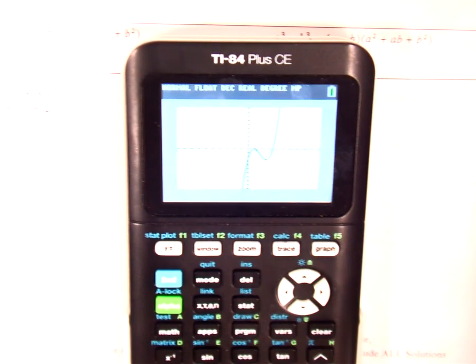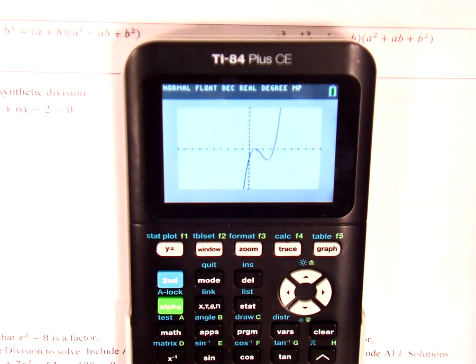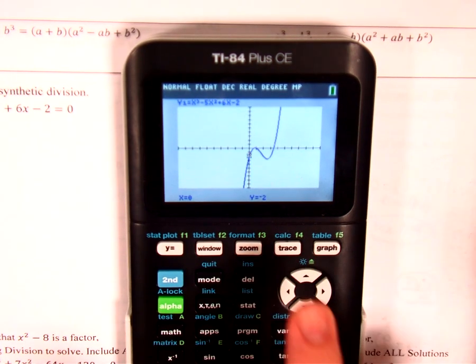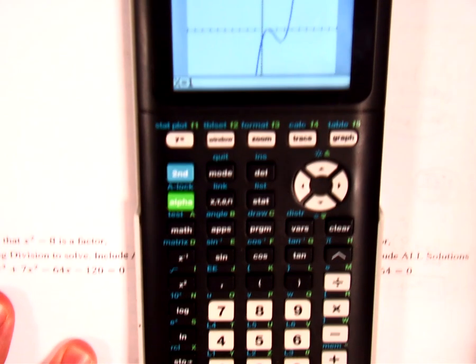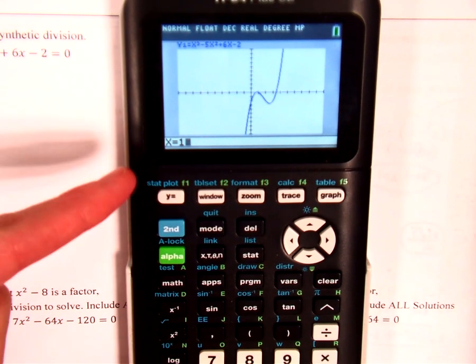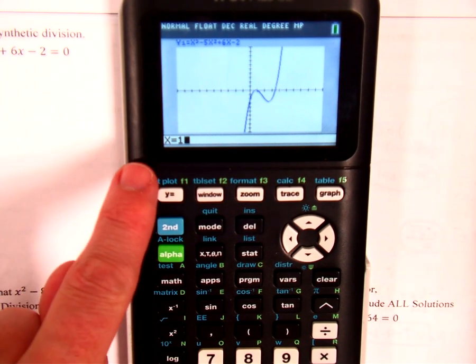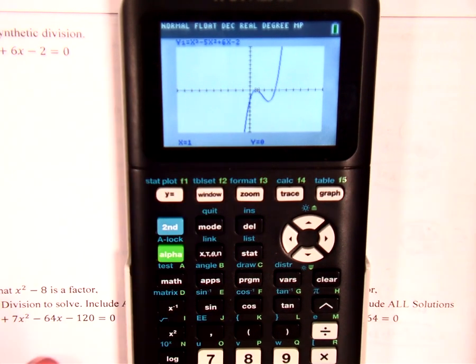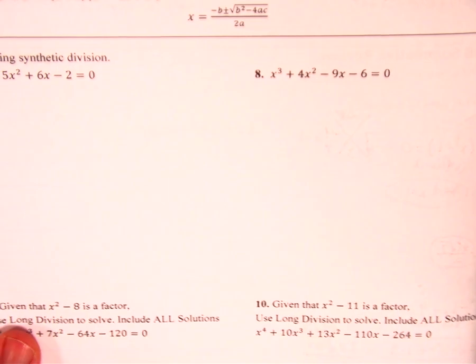And to confirm that it's 1, we're going to push trace, 1, enter. And you're telling it, hey, trace the graph, tell me what the values are at x equals 1. 1, 0. Perfect. So that's what we want to use in our synthetic division.